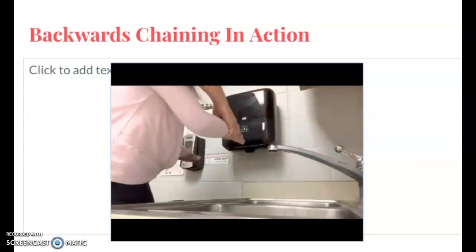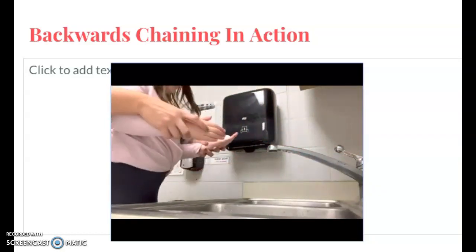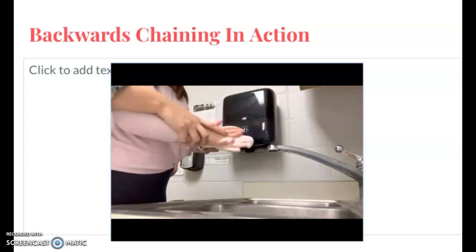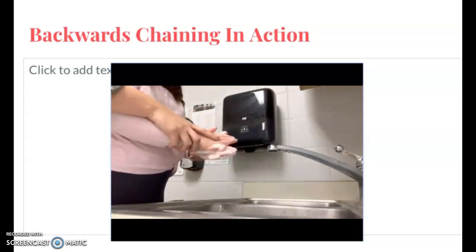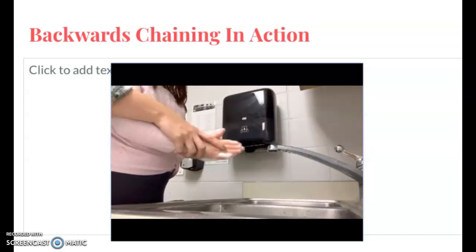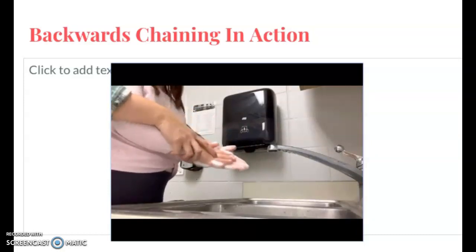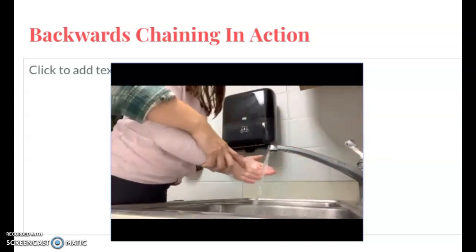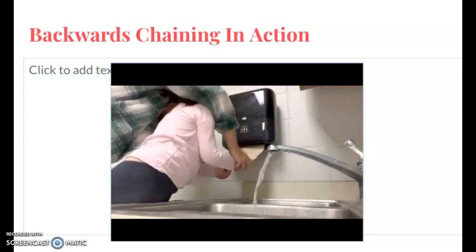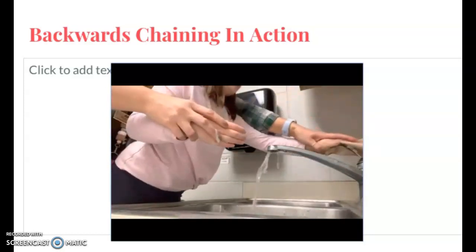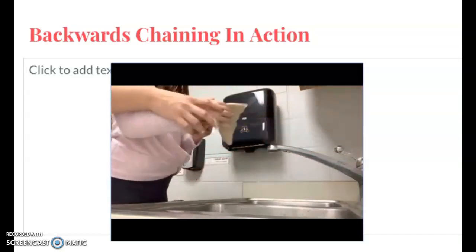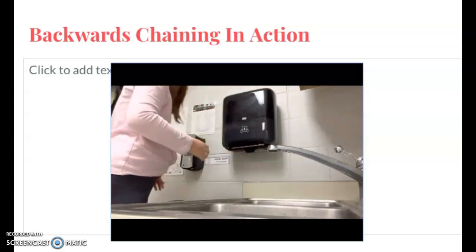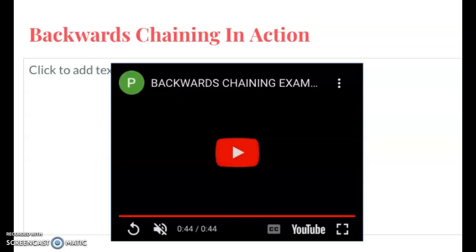I won't go over them this time since I went over them last time. And for the last step, which is throwing the paper towel away, you can see that I point to the trash can and the client independently does so.